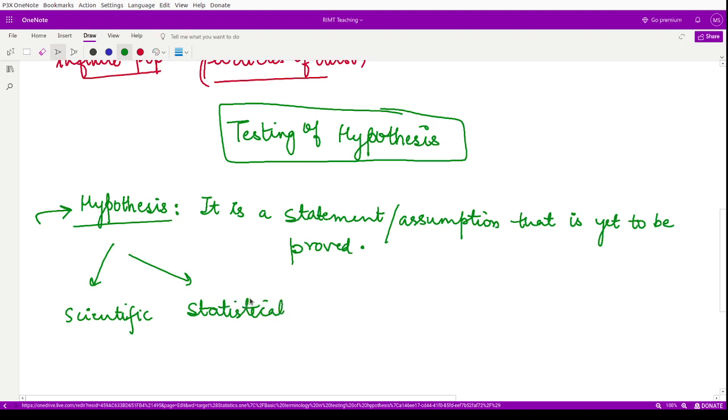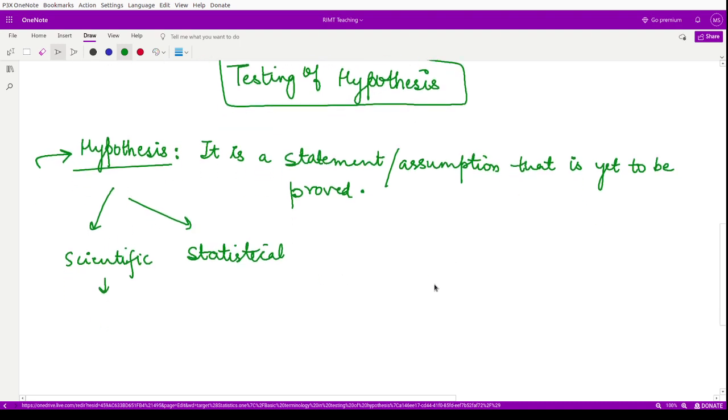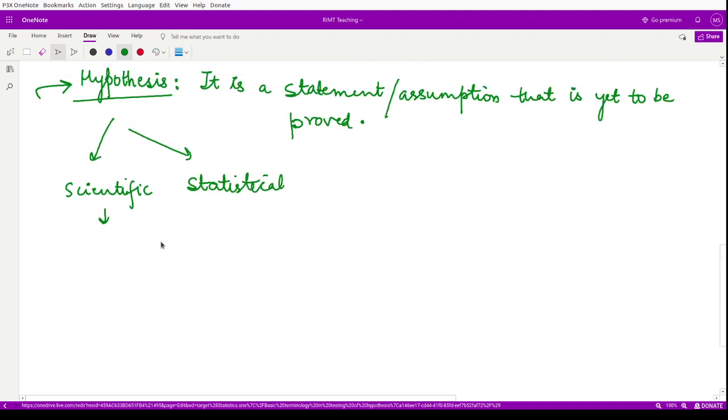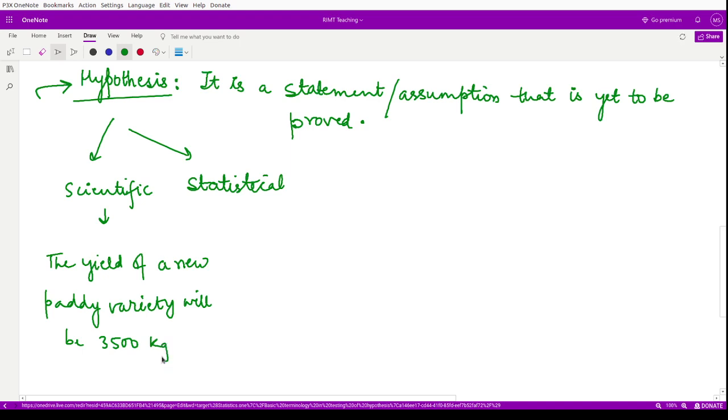So what is a scientific hypothesis? For example, the yield of a new paddy variety will be 3500 kg per hectare.